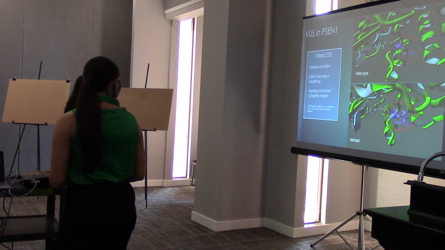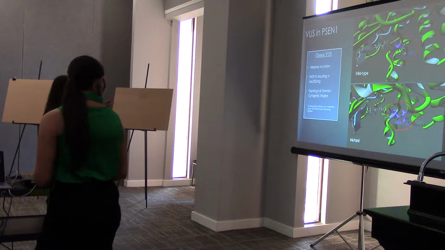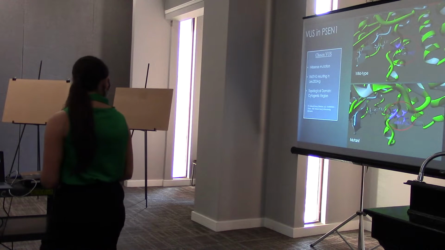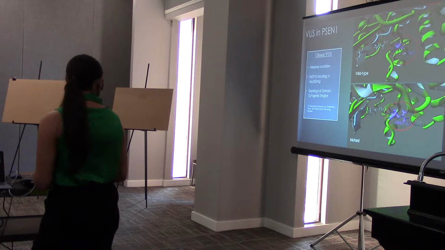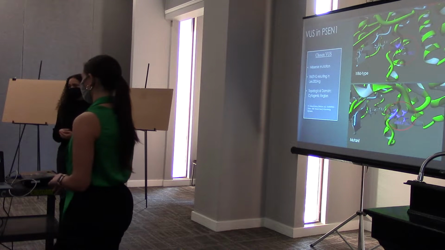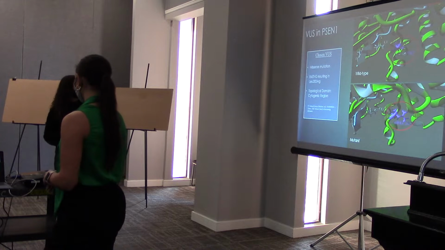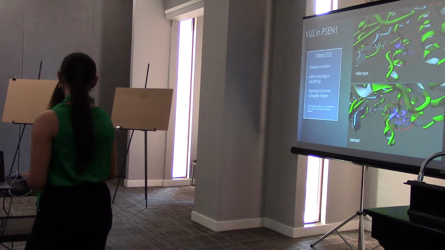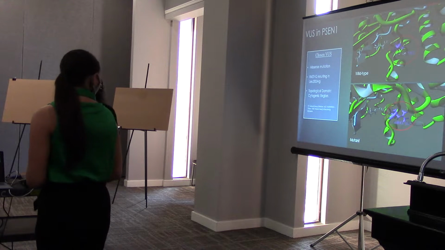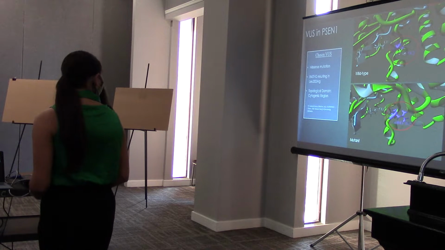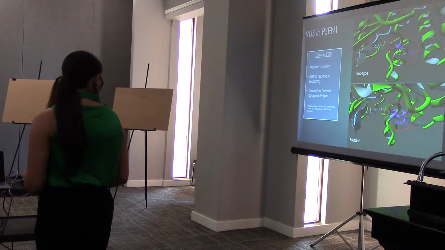So in this slide, you can see the variant of unknown significance that we chose was the point mutation at thymine guanine, resulting in the missense mutation from leucine to arginine in position 282. In the top image, you can see the leucine residue 282 and how close it is to the leucine residue on the APP substrate.